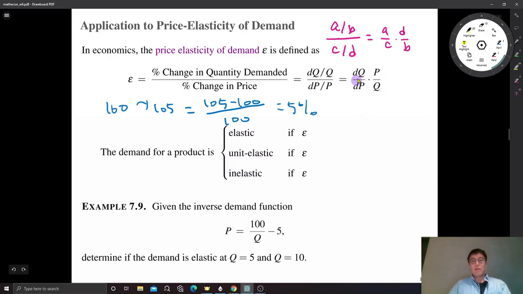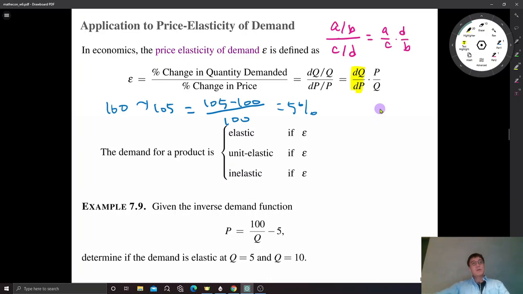If you think about the first term, dq over dp, that is nothing but the derivative of quantity with respect to price. That is where the derivative kicks in to the definition of price elasticity of demand. Usually, as price goes up, quantity demanded goes down, so price and quantity move in opposite directions.